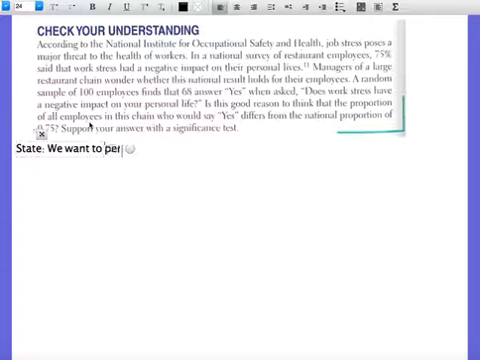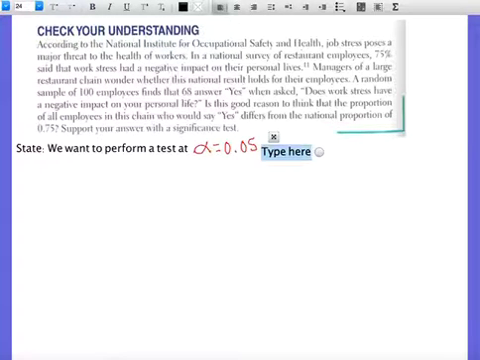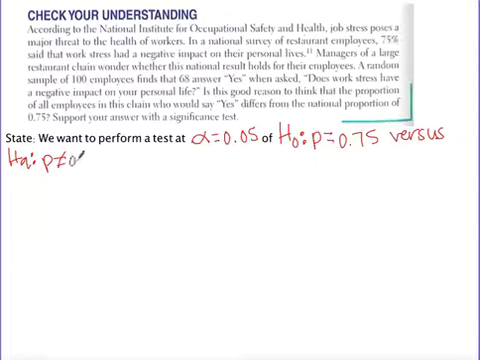You're going to say, we want to perform a test at a significance level, but they don't tell you what it is, so you're always going to let it be alpha equals 0.05, of your null hypothesis, which is when your proportion is equal to 0.75, versus the alternative hypothesis, when your p does not equal 0.75.